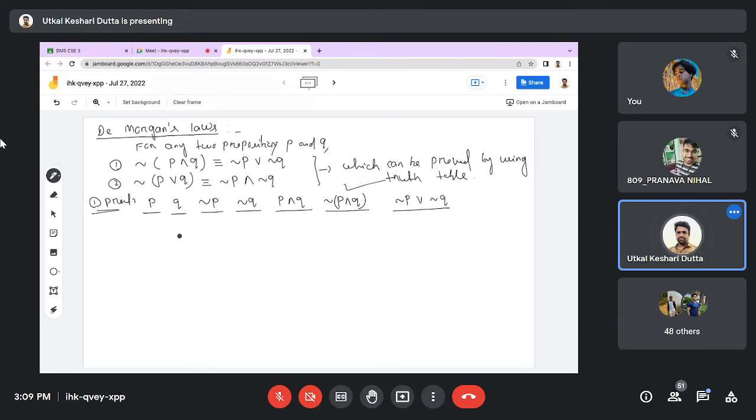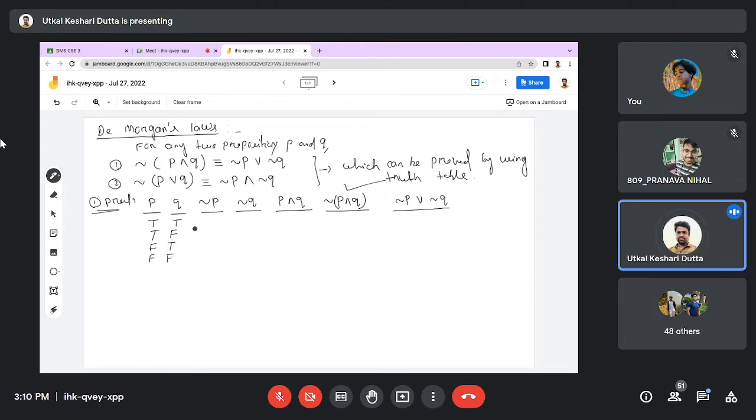Just use the table. First case true, true, true, false, false, true, and false, false. I'm just going through one proof using the truth table. For all other proofs, you can use truth tables.